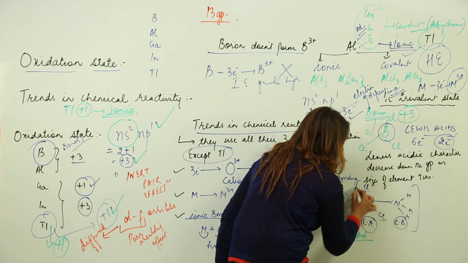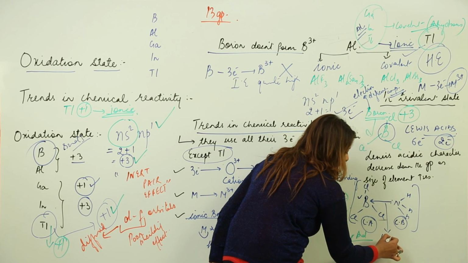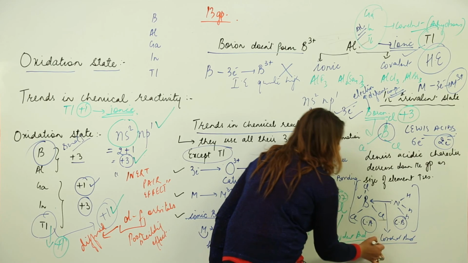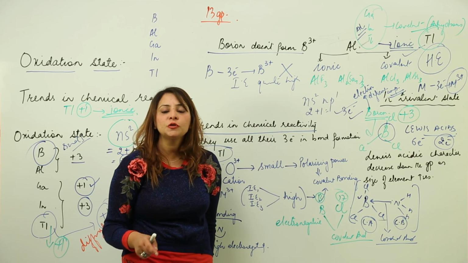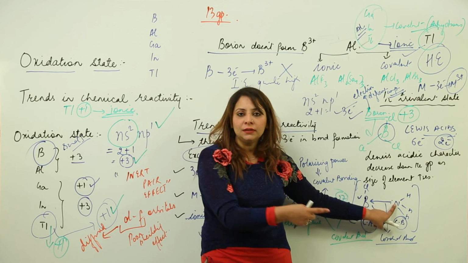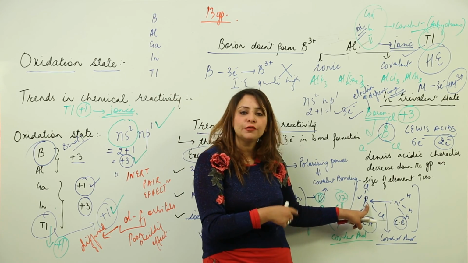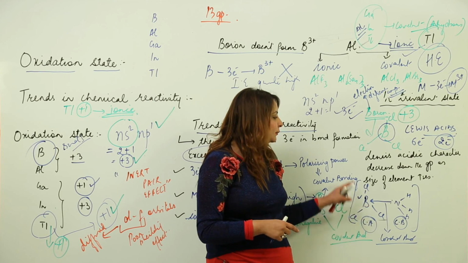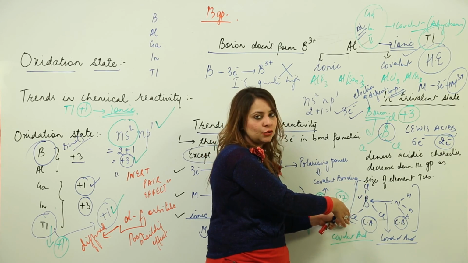What kind of bonding is this? This is a coordinate bond. Whenever a bond is formed between a Lewis acid and a Lewis base, it is a coordinate bond, because the electrons are contributed by only one compound while the other is deficient in electrons.